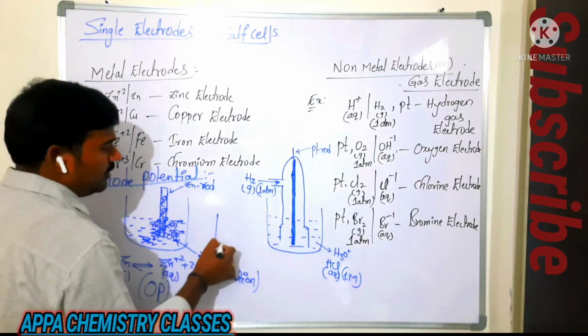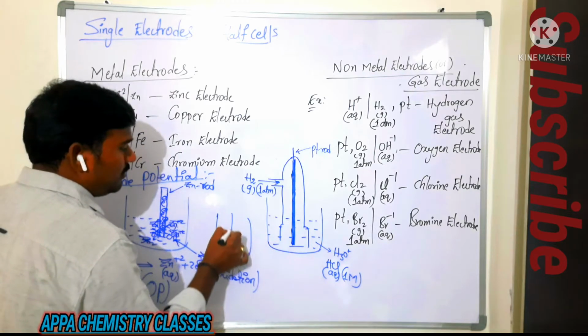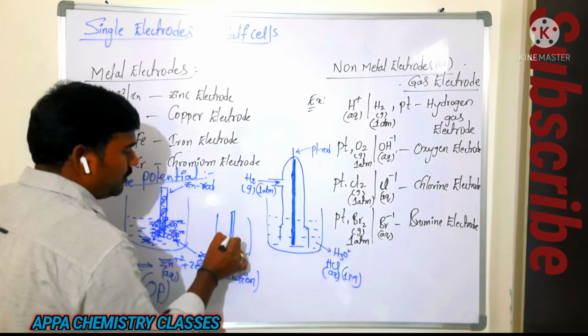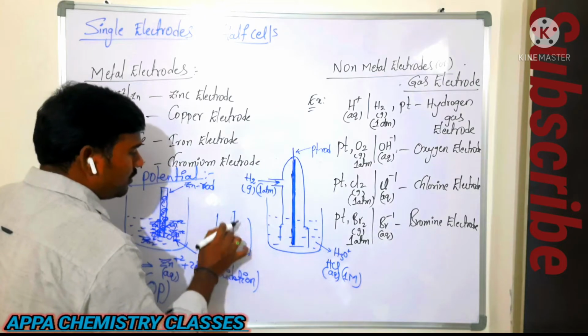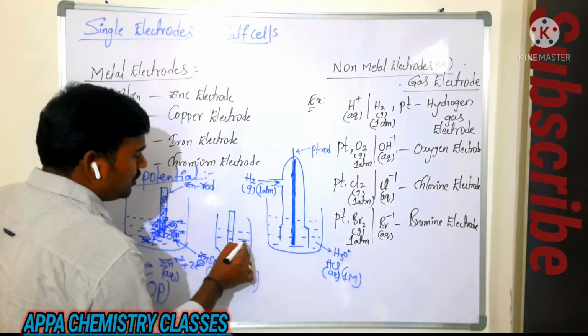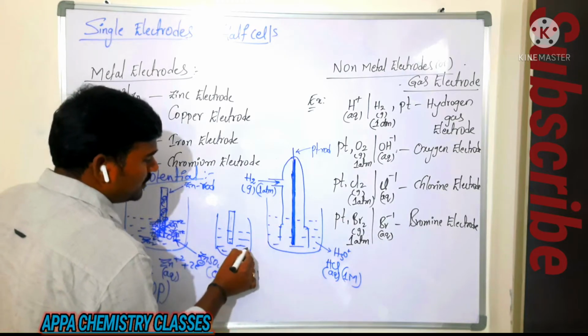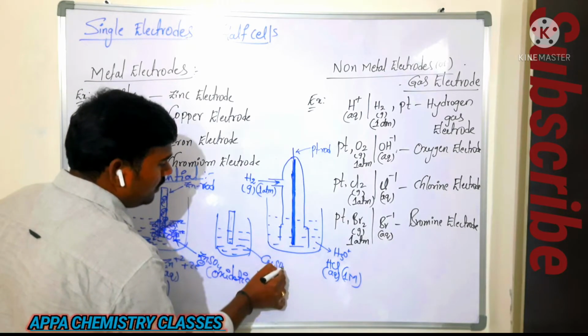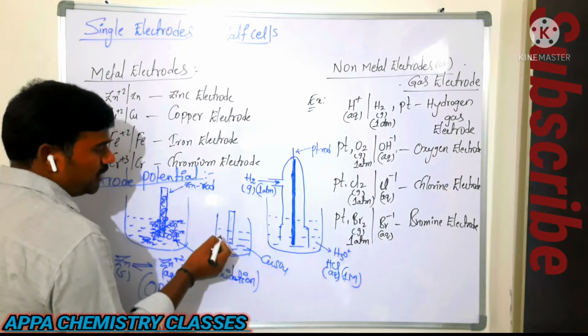So in the same way, if you are taking a metal as one electrode, say for example a copper electrode, this copper electrode is dipped in copper sulfate solution. Then what happens to this copper electrode?